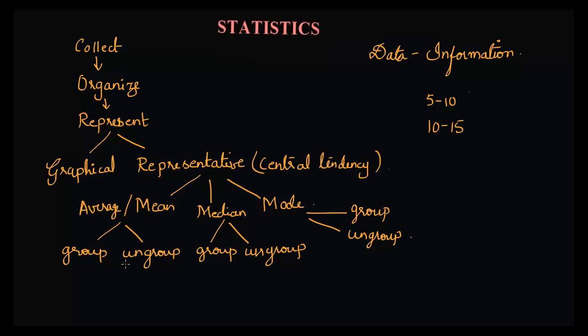So in average or mean, for grouped data, we have three methods to find it. We have the direct method, we have the assumed mean method, and then we have the step deviation method.